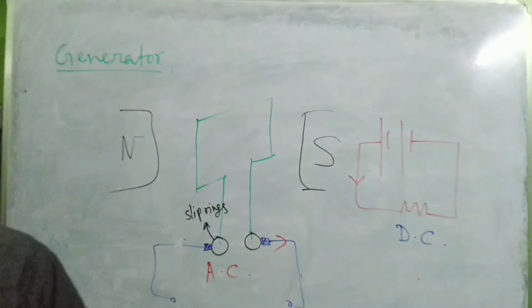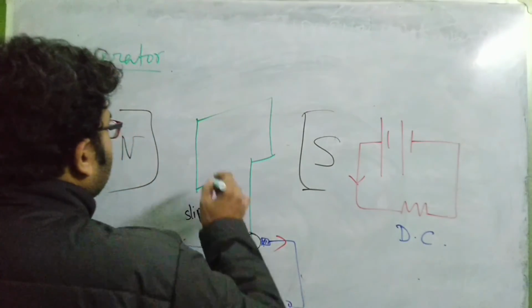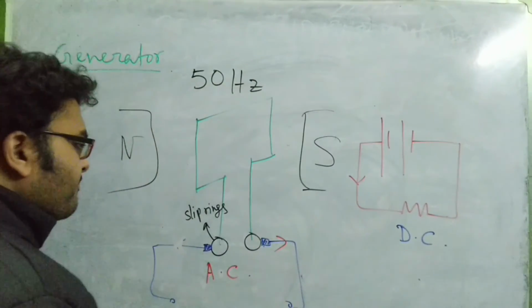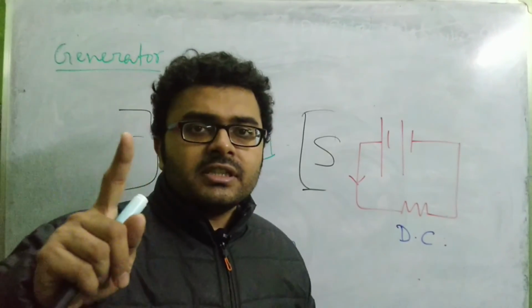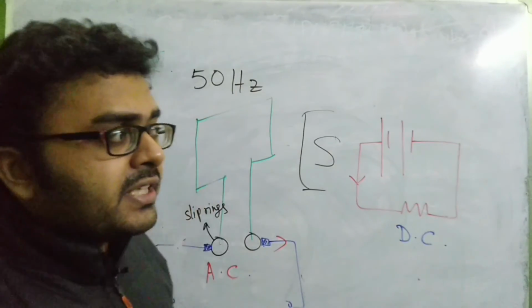Now you will be thinking, how many times can this polarity change? Well, it's quite huge. The supply voltage that is coming to our house is 50 Hertz AC. What does this 50 Hertz mean? It means that in 1 second this polarity reversal, positive to negative and negative to positive, takes place 50 times. So one cycle is repeated 50 times in 1 second.